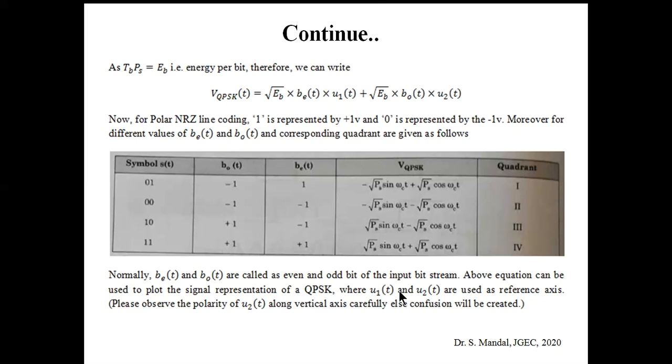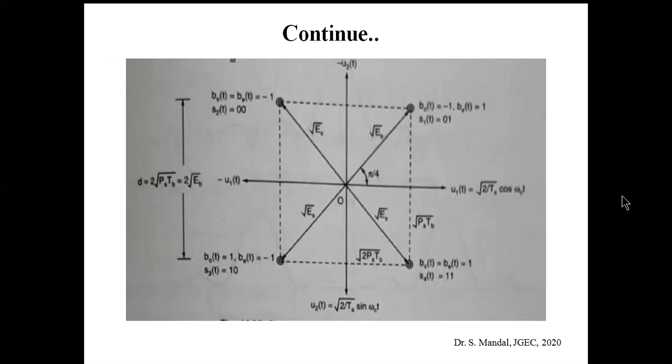But it is interesting to note that we should observe the polarity of u2(t) along the vertical axis. Now let's see. This one is the signal space diagram for QPSK. Along this axis we consider u1(t), and along this axis we consider u2(t). But it is interesting to note that in this direction u1(t) is positive, and in this direction it is negative.